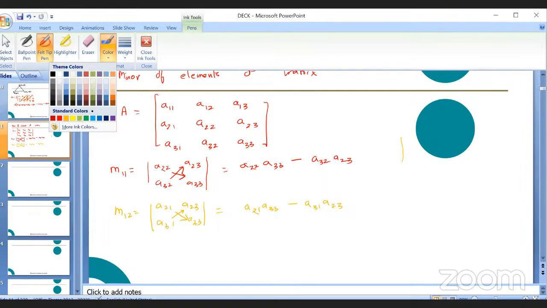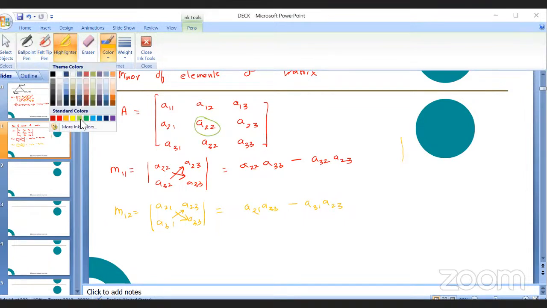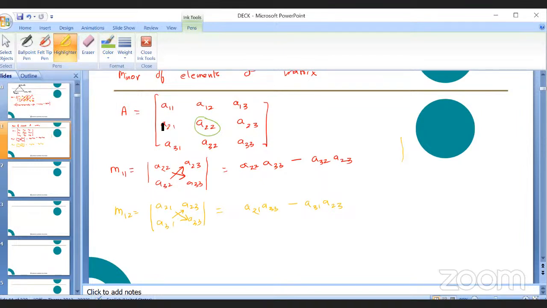Suppose I have to find the minor of A22. How will I find the minor of A22? A22 row I will remove. A22 column I will remove. So minor of A22, that will be left with A11, A13, A31, A33.